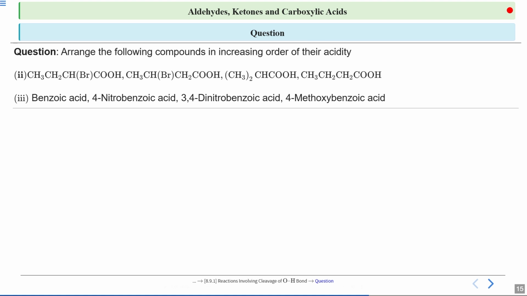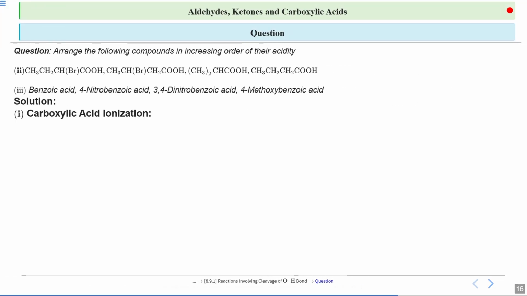First is CH3CH2CHBr COOH, where Br is attached to the second carbon. In the second, Br is attached to the third carbon. In the third, it is simple CH3CH2CH2COOH. Then you see benzoic acid, 4-nitrobenzoic acid, 3,4-dinitrobenzoic acid, and 4-methoxybenzoic acid. You have to arrange them in increasing order of their acidity.